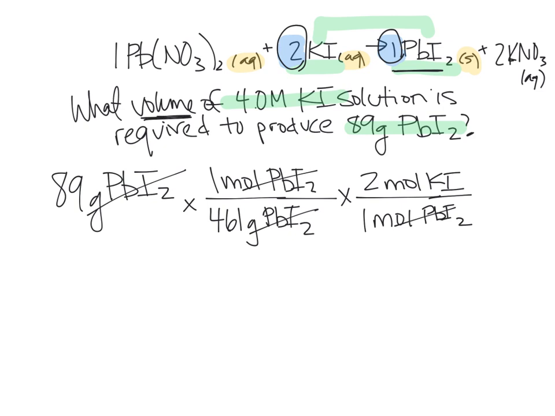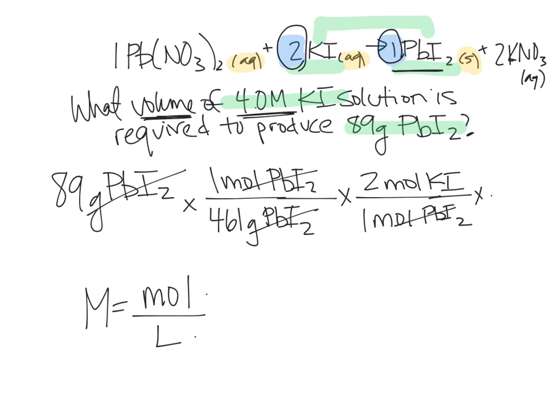I want to know volume, and I'm given molarity, and now I have moles from the problem. Remember, molarity is equal to moles over liters. You can actually use that relationship of moles and liters as a conversion factor.